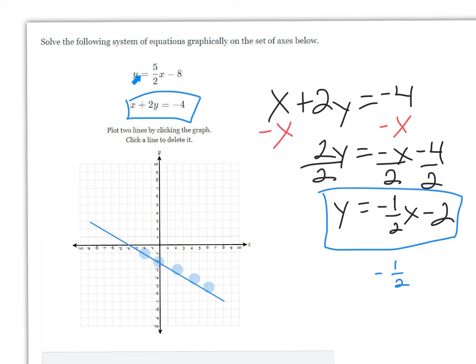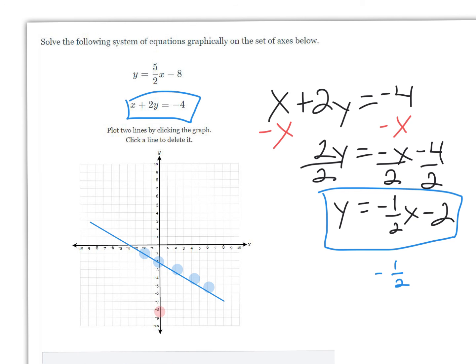So now let's take a look at this equation. y equals 5/2 x minus 8. All right, it's already in slope-intercept form. So we have a y-intercept of -8. That means we can put our point at -8 on the y-intercept. And it has a positive slope of 5 over 2. That means we have a rise of 5 and a run of 2. So we would go up 1, 2, 3, 4, 5, and over 2 and put a point right there, okay?